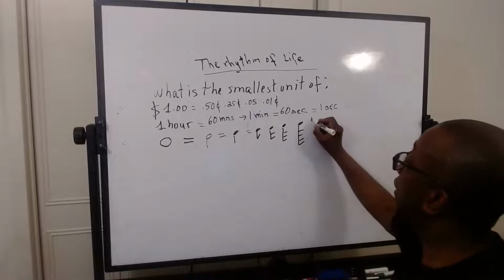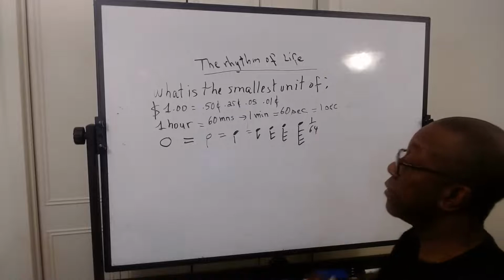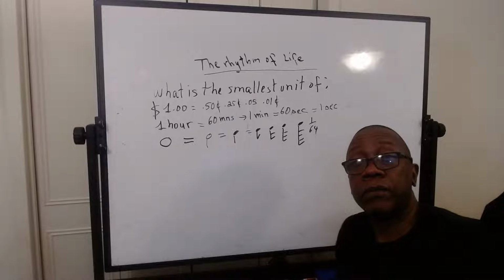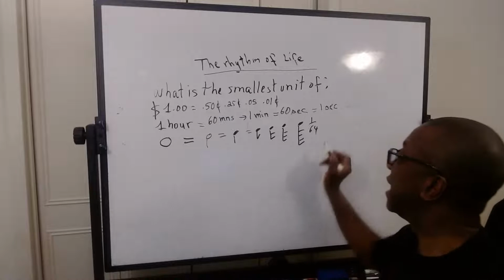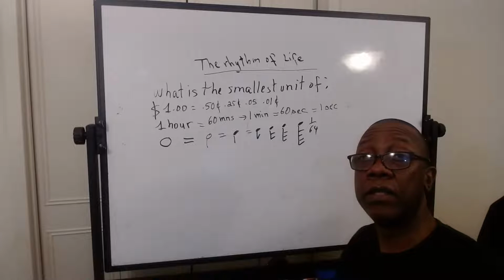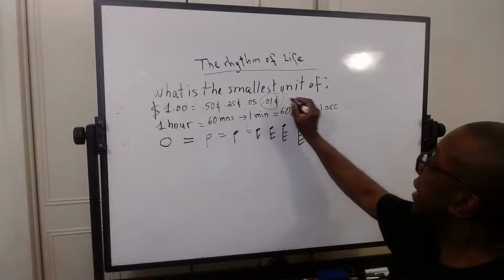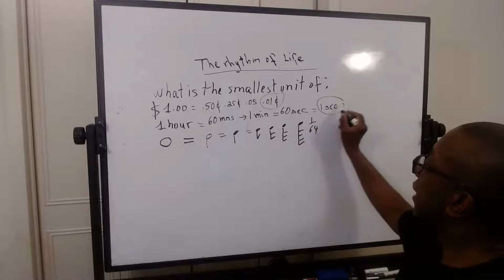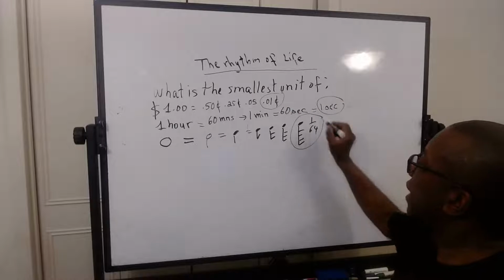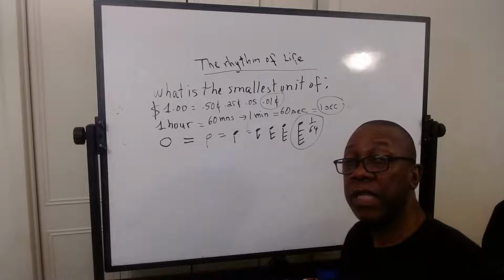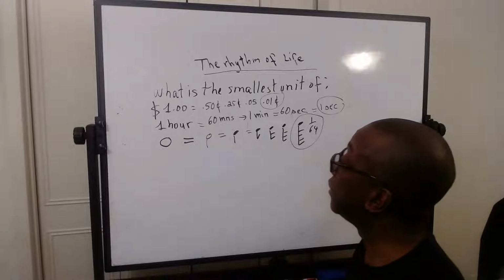So the 64th note is the smallest. I need 64 of them to make a whole note. So those are the small units: one cent, one second, 1/64th. If you thought of it, now you know.